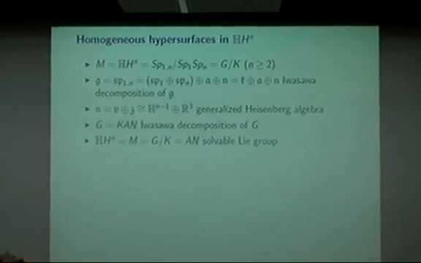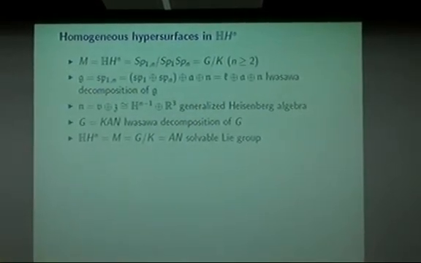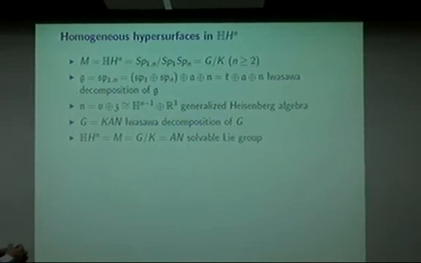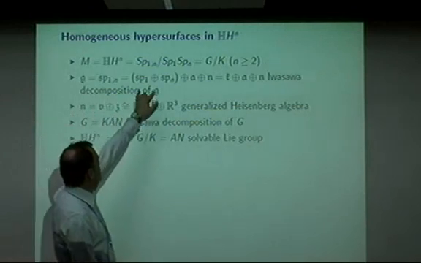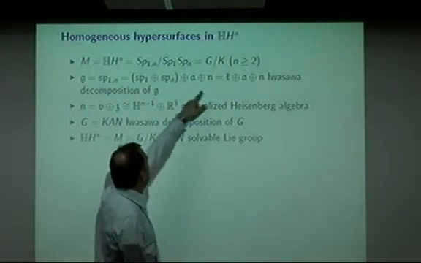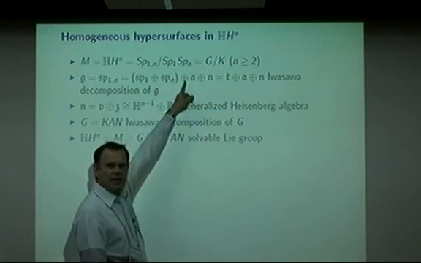The stabilizer is Sp(1) times Sp(n). So we write this space as G over K, and then on Lie algebra level we get the Iwasawa decomposition. So this is the Lie algebra of the stabilizer K, Sp(1), plus A, an abelian subalgebra.